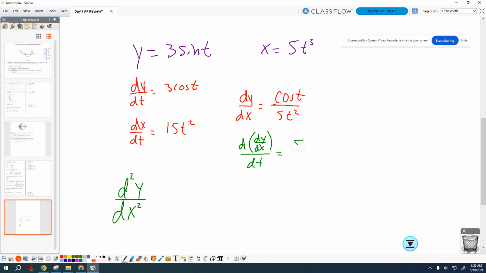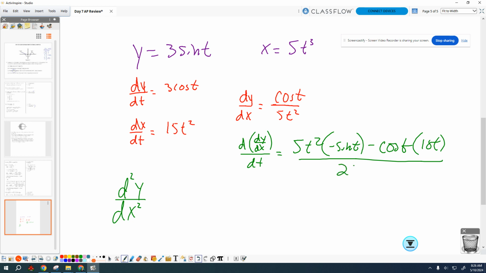Negative 5t squared times sine t, minus cosine t times 10t, divided by 5t squared, all of it squared. Then you have to divide it by dx and dt.